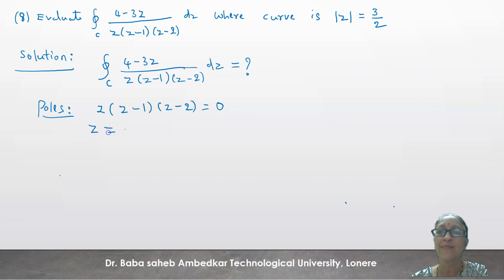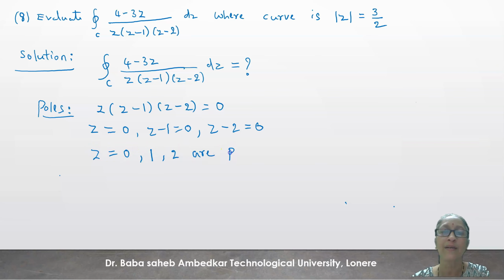That means each term becomes 0: z equal to 0, z minus 1 equal to 0, and z minus 2 equal to 0. So z equal to 0, z equal to 1, z equal to 2. These three points are poles or singularities.